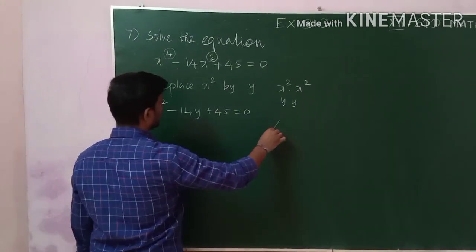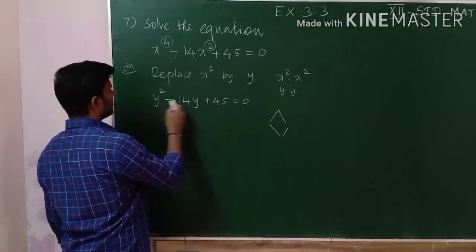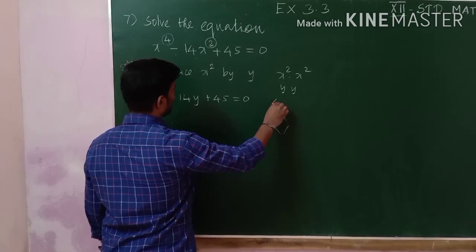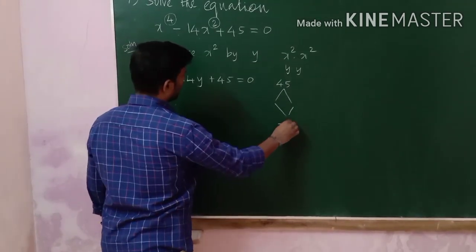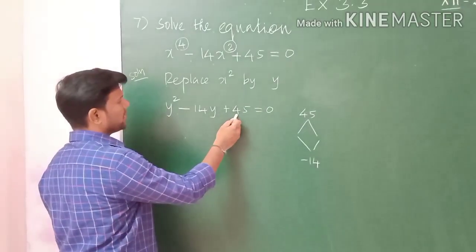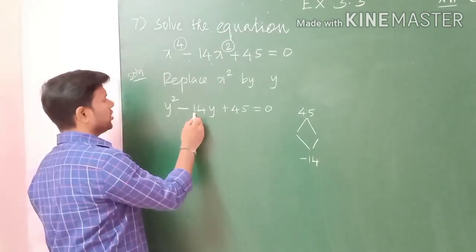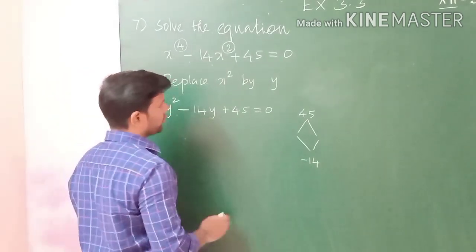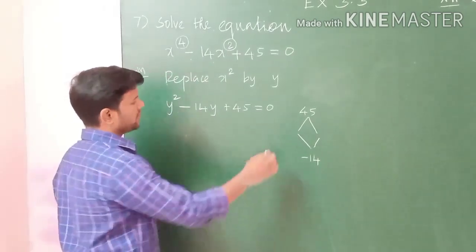So how do we factorize? Take the coefficient of y square, multiply with the constant term. So 1 into 45, and what is the coefficient of y? Minus 14. Multiply to get plus 45, add to get minus 14.